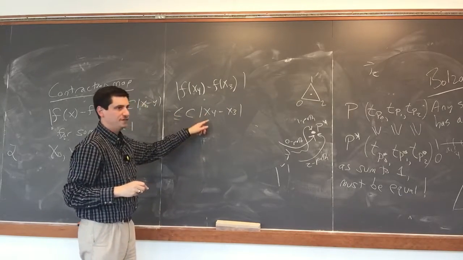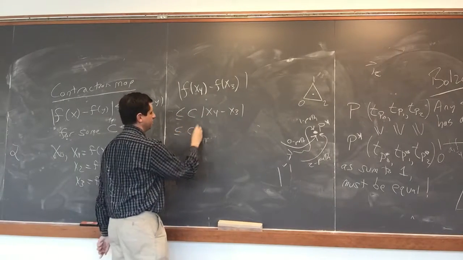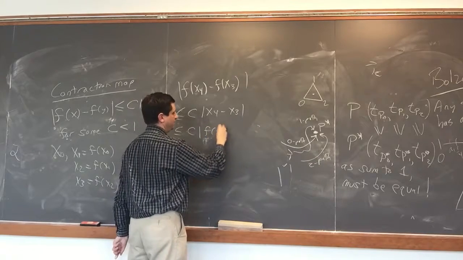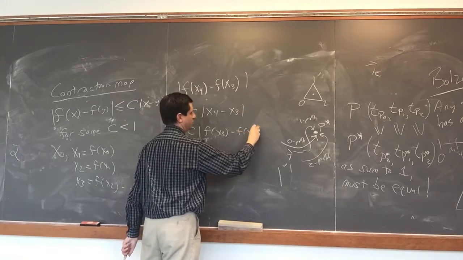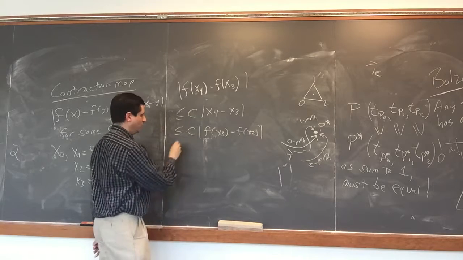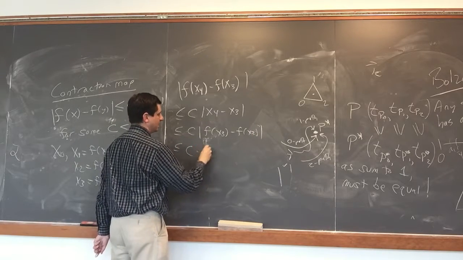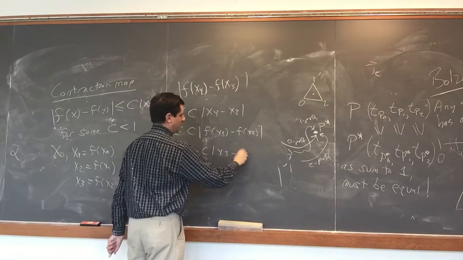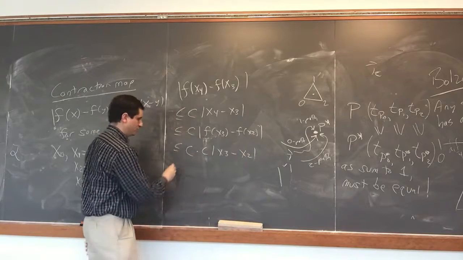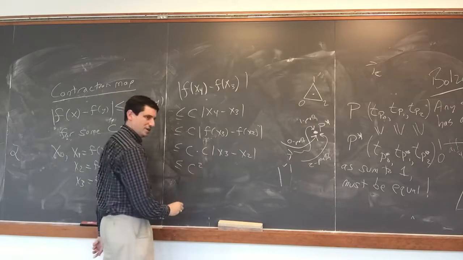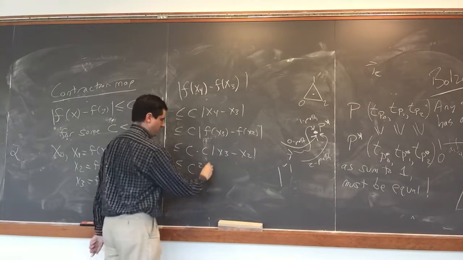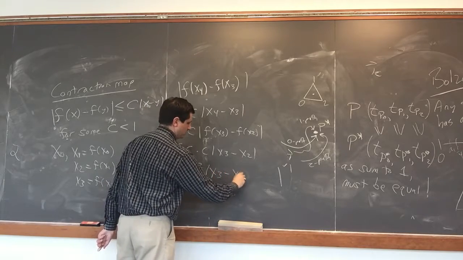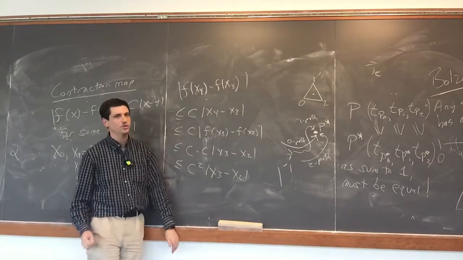But x4 is f of x3, so this is less than or equal to c times f of x3 minus f of x2. Well, that's less than or equal to c times c times x3 minus x2, so that'll be less than or equal to c squared times x3 minus x2. And then you can keep going down, going down, going down.